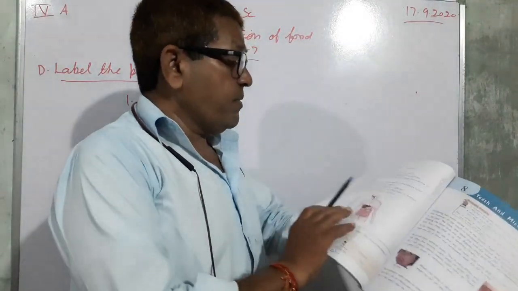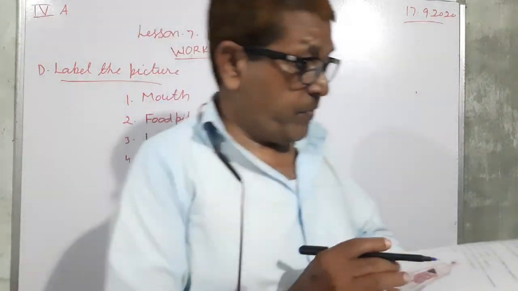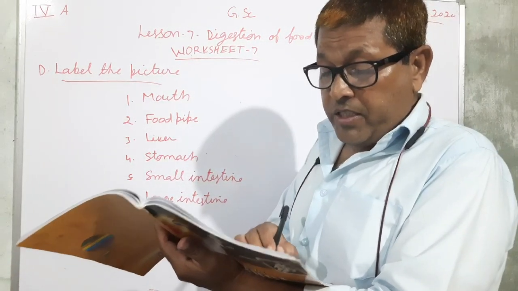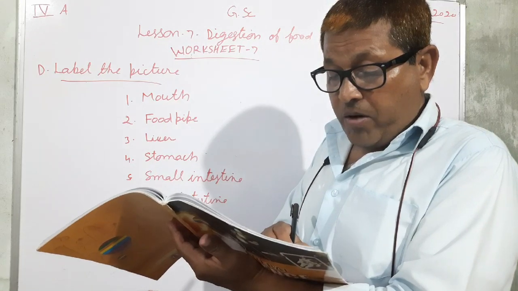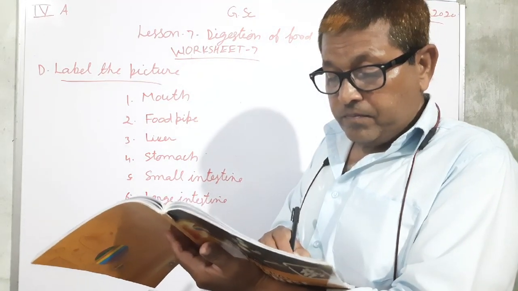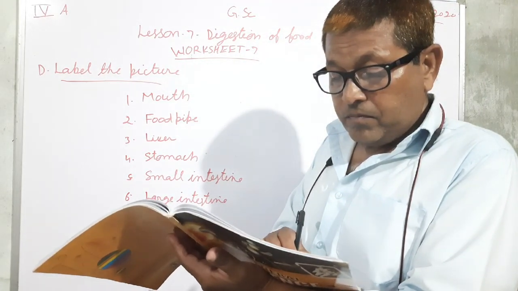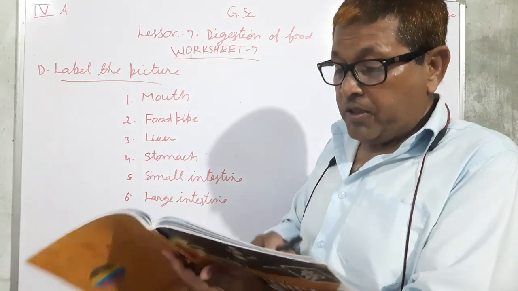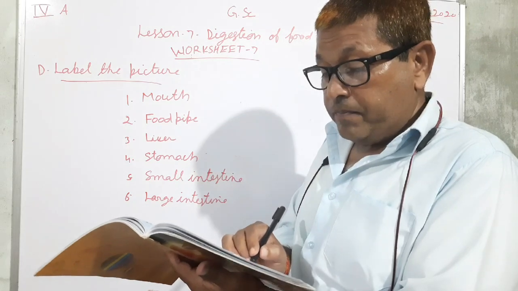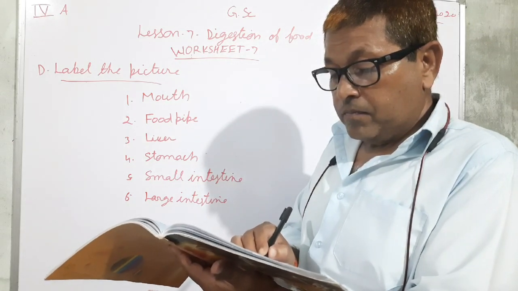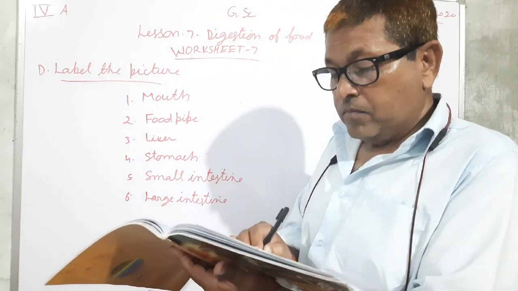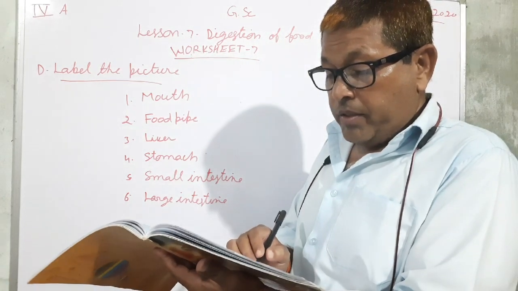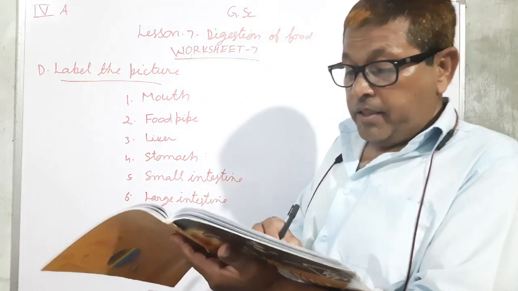This diagram is clearer, since the diagram is not here, so first you have to write one is the mouth. First is mouth, and next food pipe. And this is the stomach.